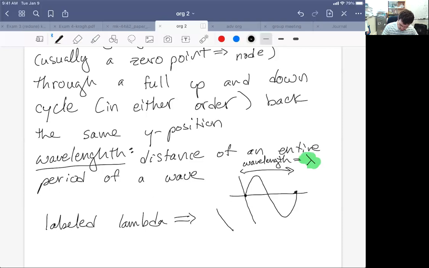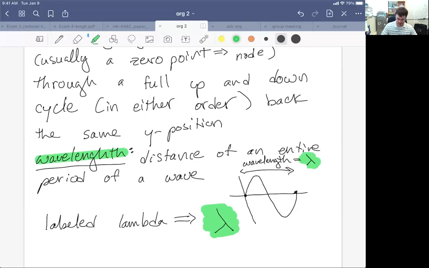So lambda looks like this, and I would take a second to get good at drawing a lambda. So that's an important property of a wave, is the wavelength, okay? And to understand the wavelength, that's why we introduced that term period.